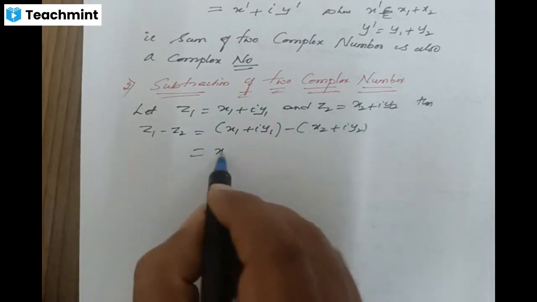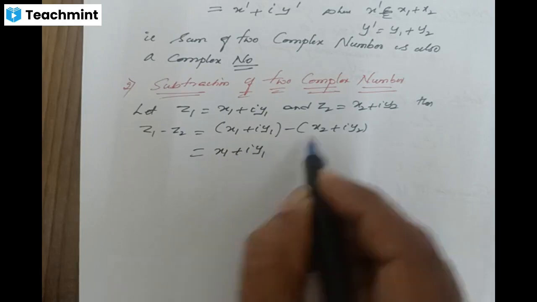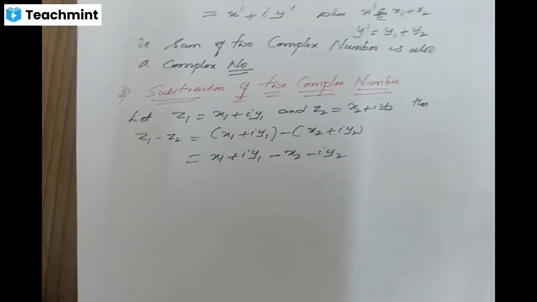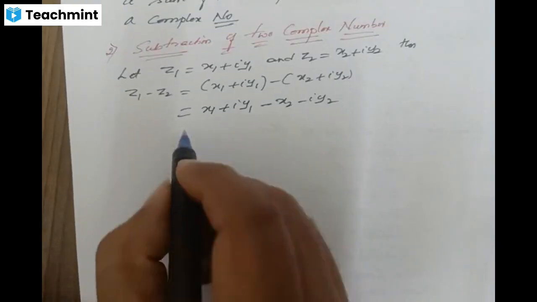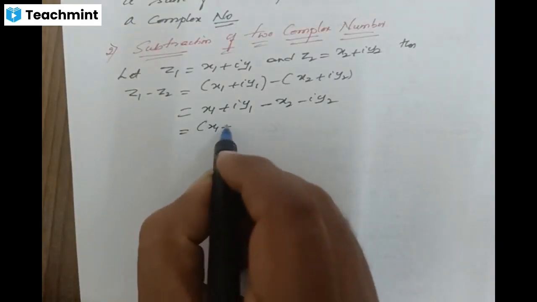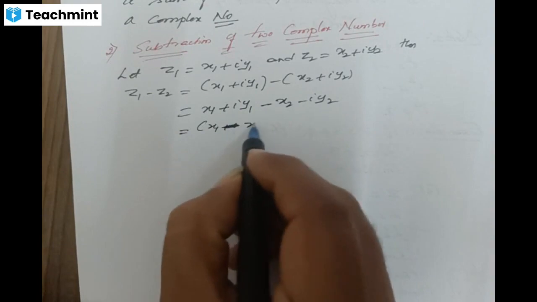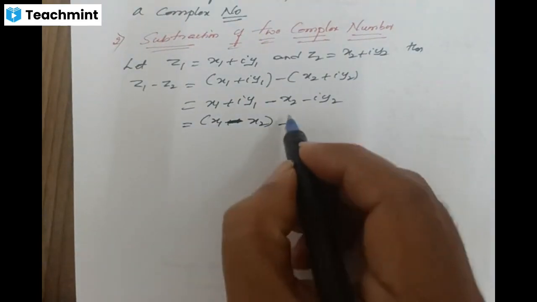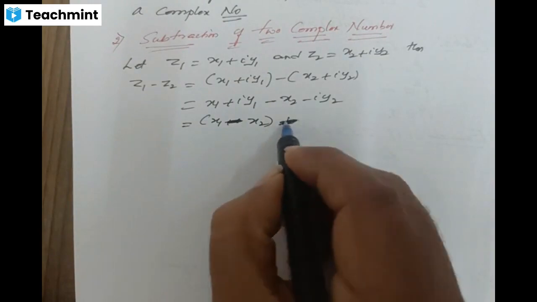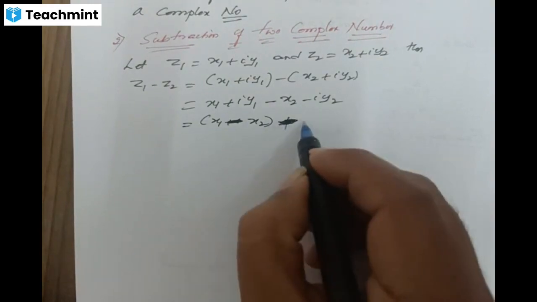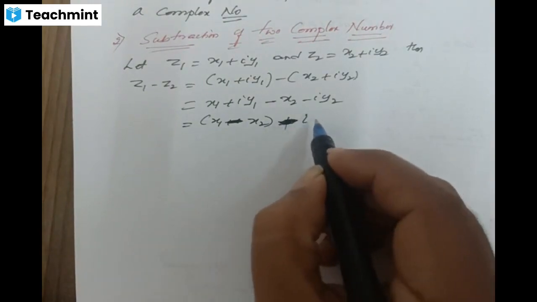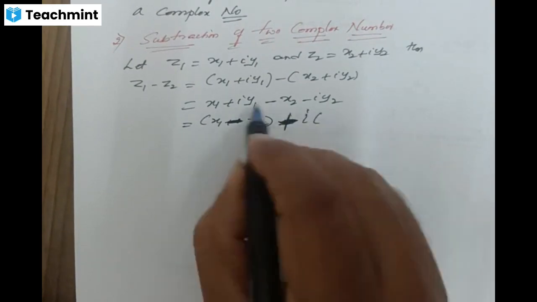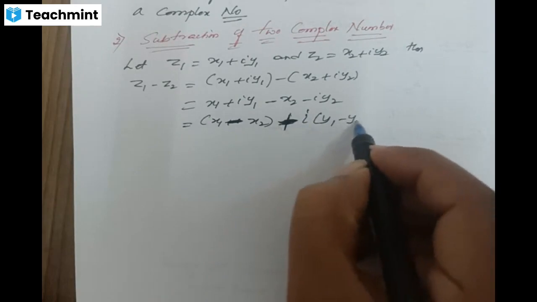Then we can write x1 plus i into y1, multiplying the minus sign, minus x2 minus i into y2. Just rearrange the real part and imaginary part. The real part is x1 minus x2, and in the imaginary part I take i common, then we get i into y1 minus y2.